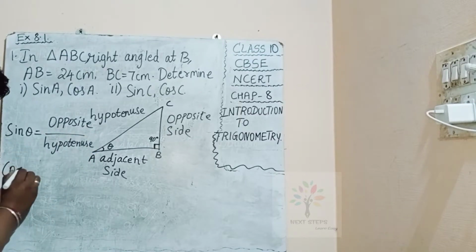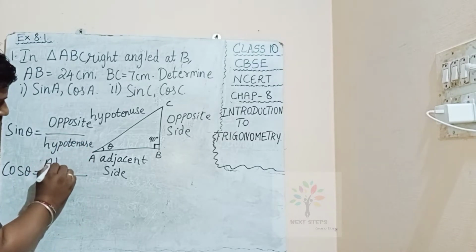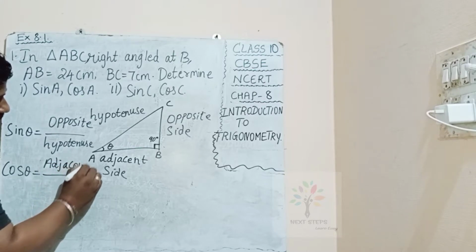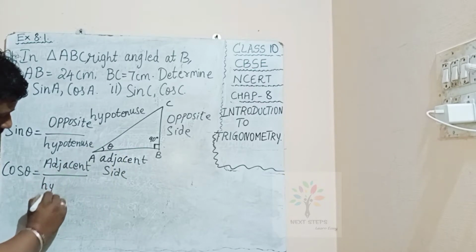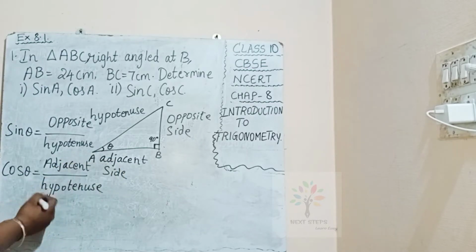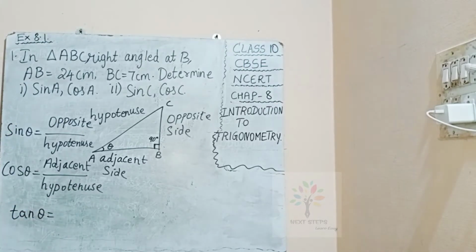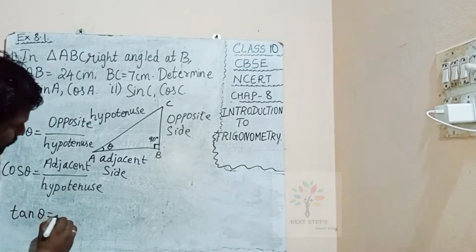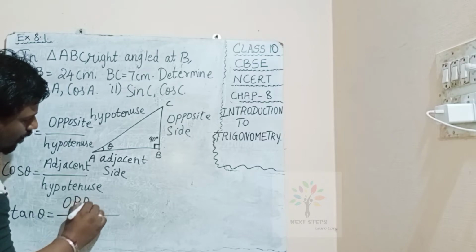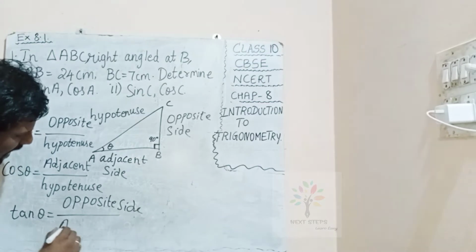When you are finding cos theta, cos theta is equal to the adjacent side divided by the hypotenuse. In short, instead of writing adjacent side, I am just writing adjacent. Now we are going to see what tan theta means. Tan theta is very simple. It is the opposite side divided by the adjacent side.